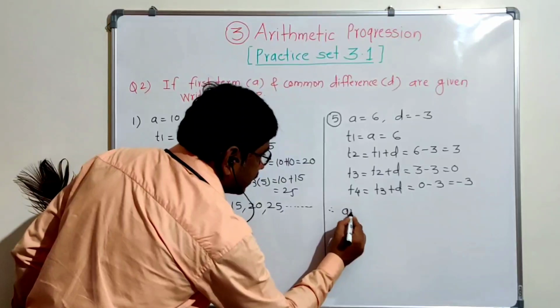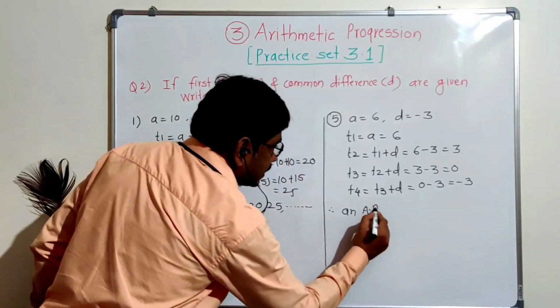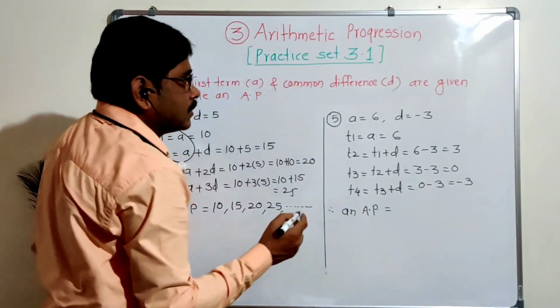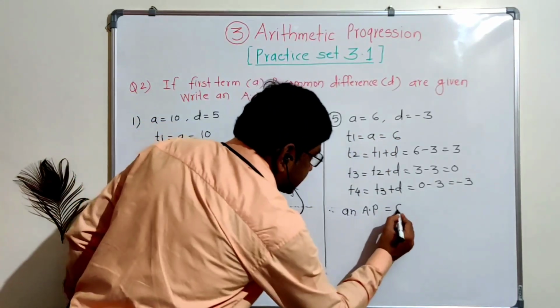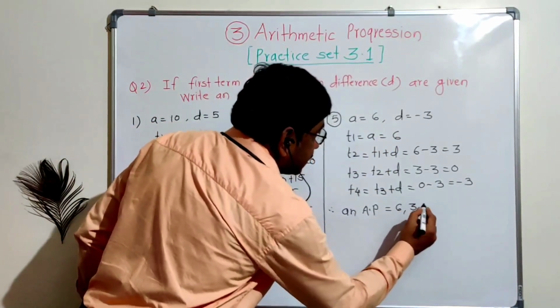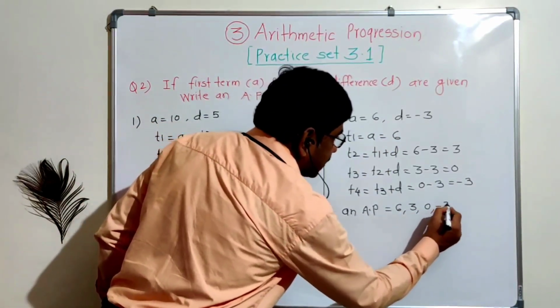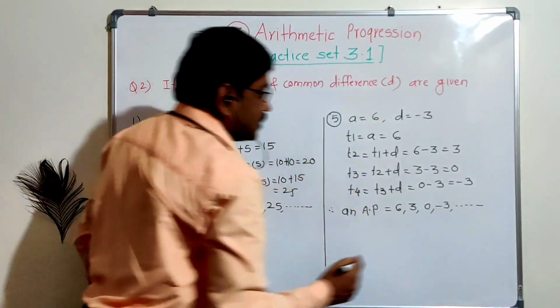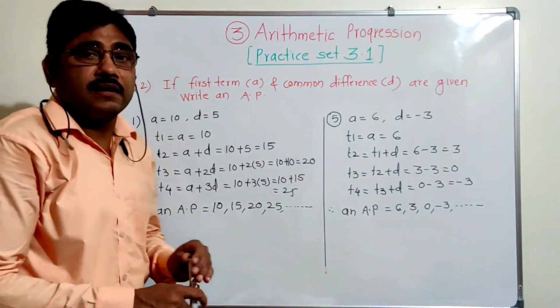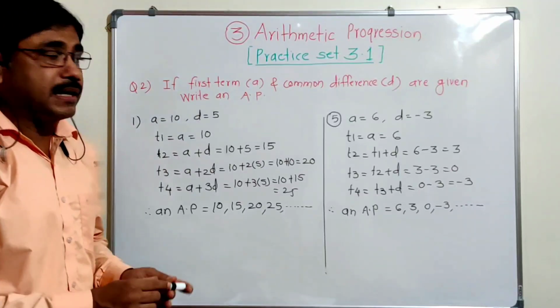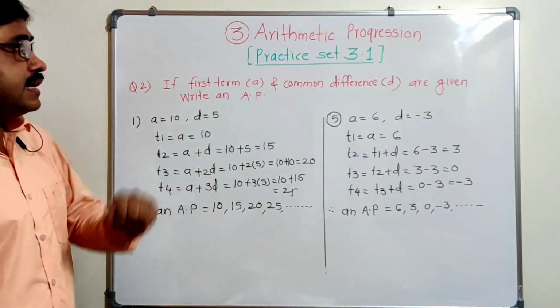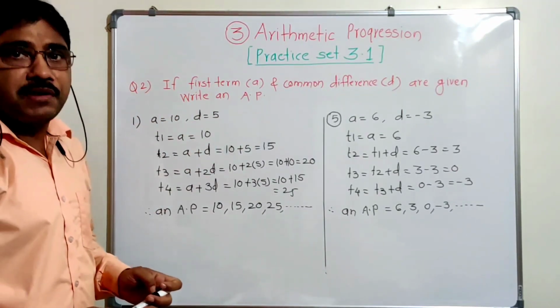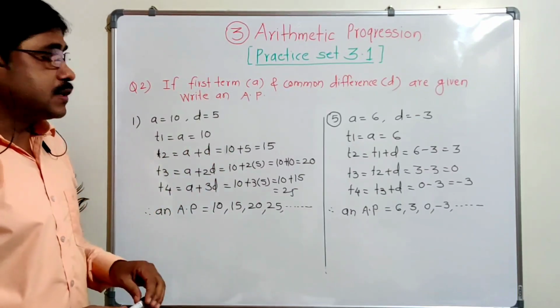Therefore, an AP is: first term is 6, second term 3, third term 0 and then minus 3. So in this way, this is the given arithmetic progression. So A and D are given, then we can find the arithmetic progression.